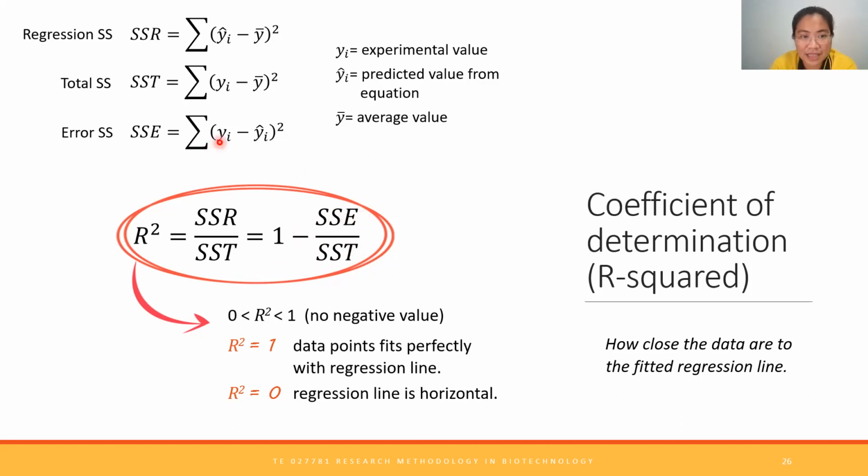When SSE is 0, that means each value from your experiment is exactly on the line of the equation that is created, so at every point the SSE is 0. And if your SSE and SST are equal, so the ratio is 1, that means that your R-square is 0. So that's how it goes.